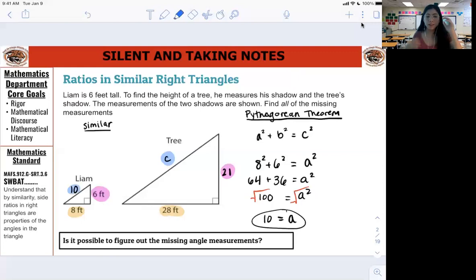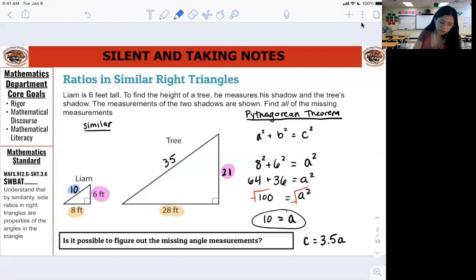Yeah, since our scale factor is 3.5, we already determined that we can simply multiply times 3.5. So what will C be? What's 3.5 times 10? 35. Good.